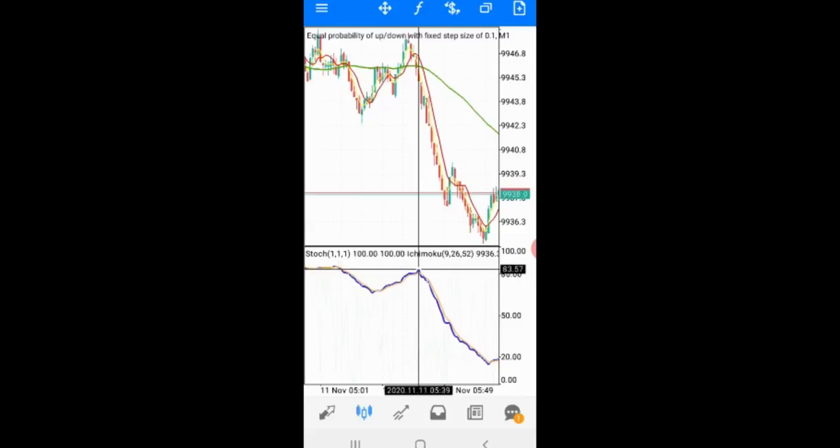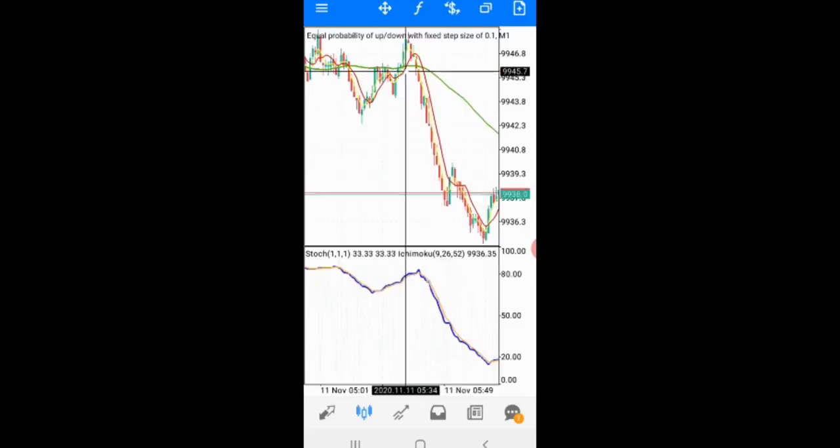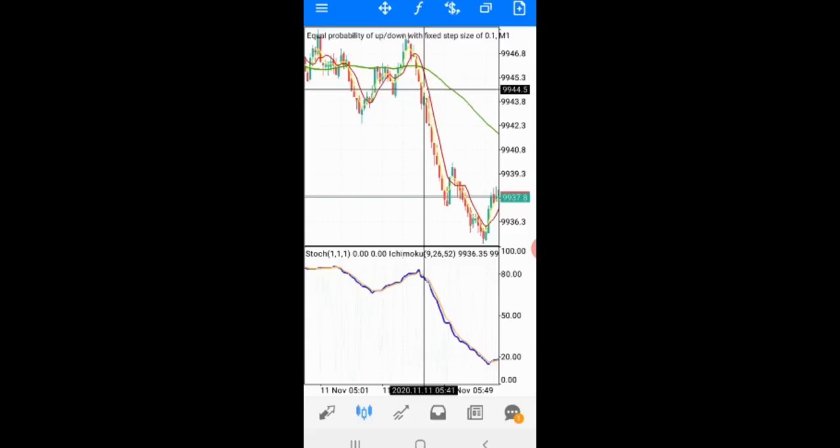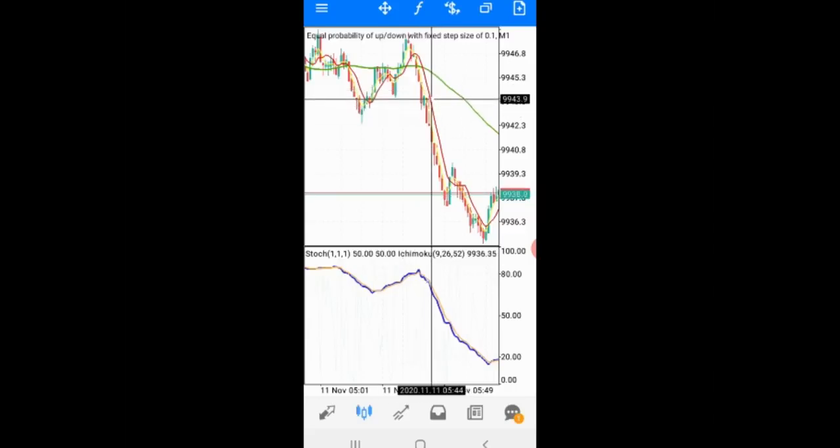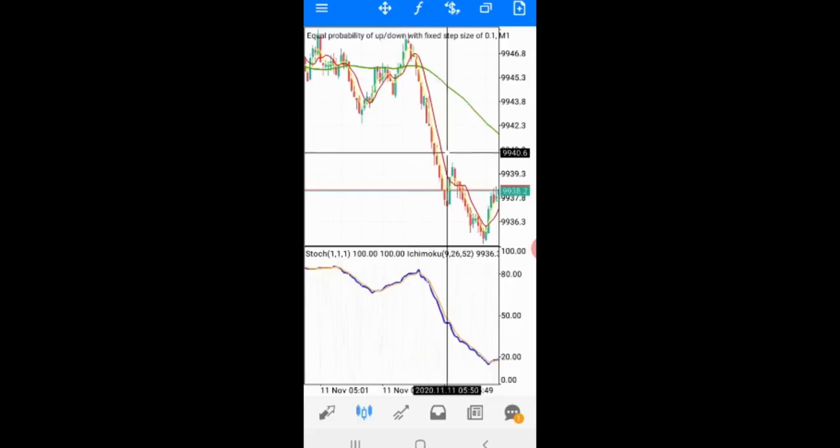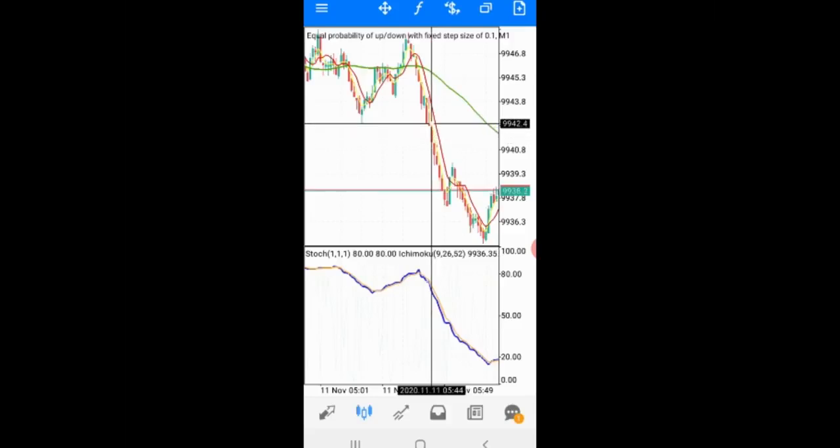Do we see that? So another confirmation is that this red moving average should now be on top of this yellow moving average. That is an indicator of a sell, an indicator of a downtrend.